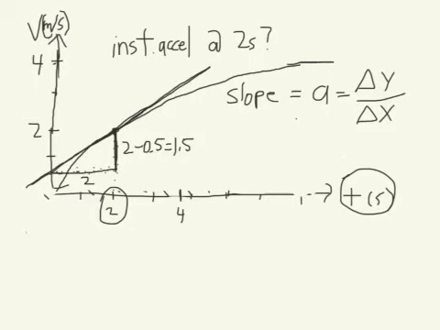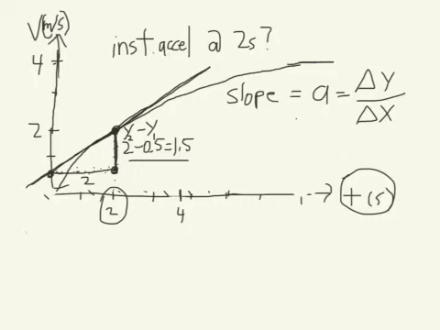And just to clarify, why did I do 2 minus 0.5 equals 1.5 here? Well, this is essentially the change in y, which is y2 minus y1. So here the y value was 2, and down here the y value was 0.5.